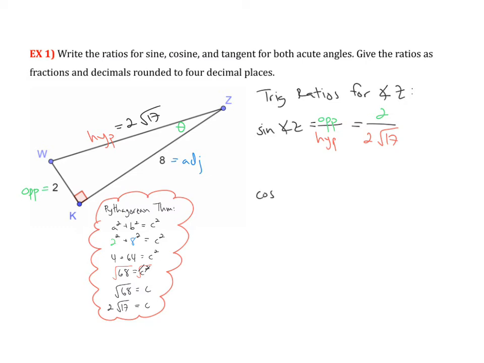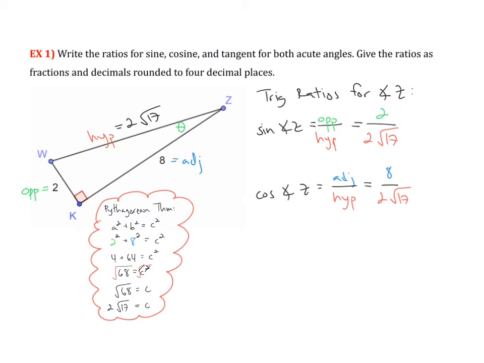Cosine of angle Z, which is CAH, the A was for adjacent, divided by H, which was for the hypotenuse. This is equal to 8 for the adjacent leg, divided by 2 times the square root of 17, again for the hypotenuse.